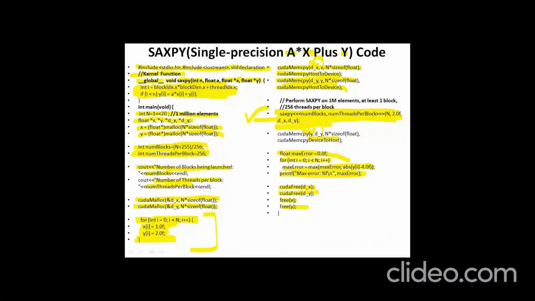This is the syntax for creating a kernel function in the CUDA programming language, in the C language basically. In other languages there may be other syntax, but in C and C++, this is the only syntax for this.